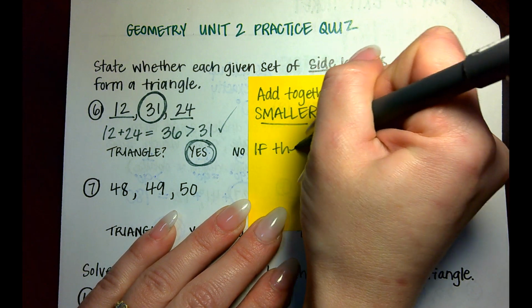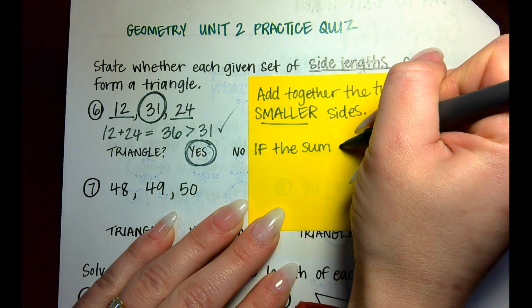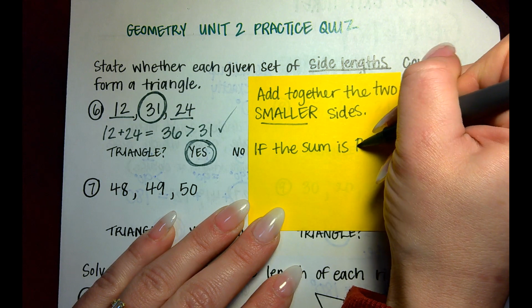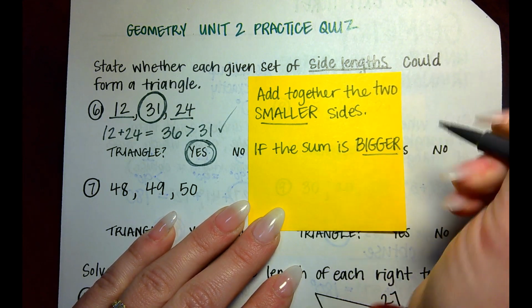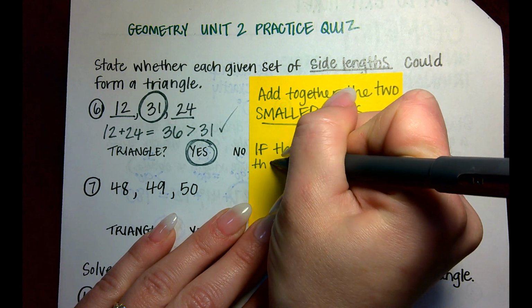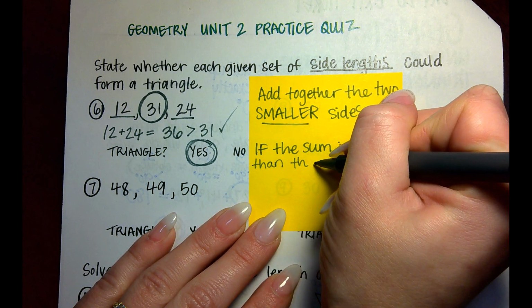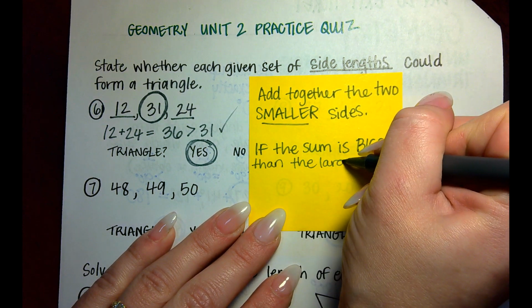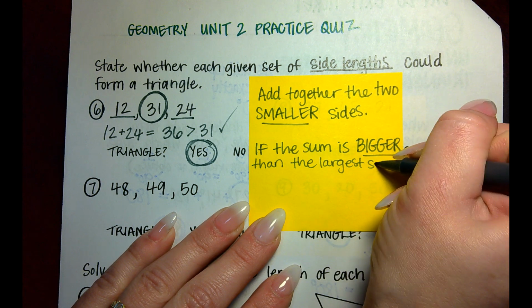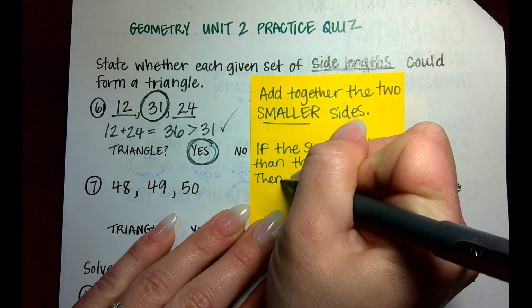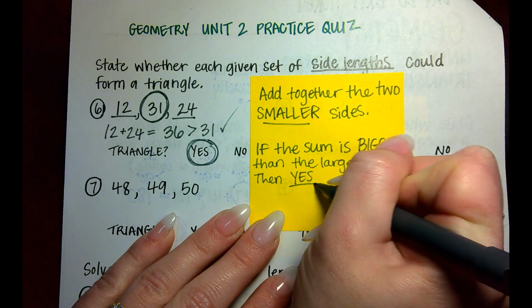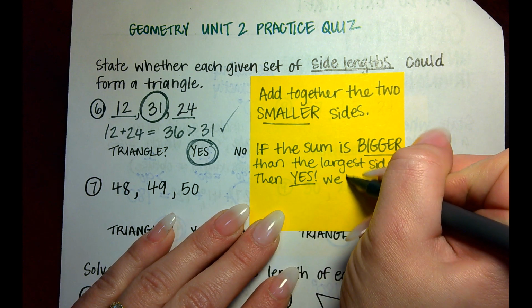If the sum is bigger than the larger side, then yes, we have a triangle.